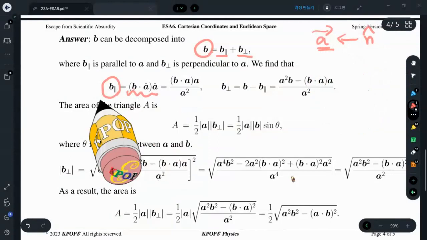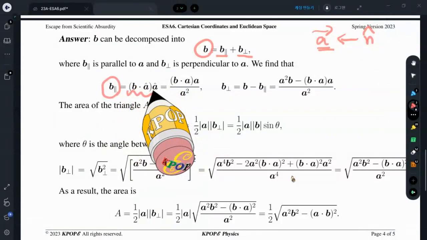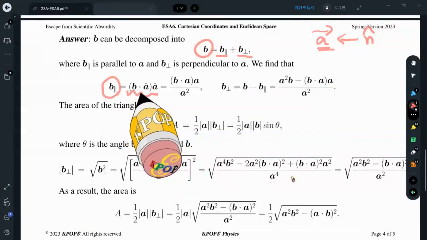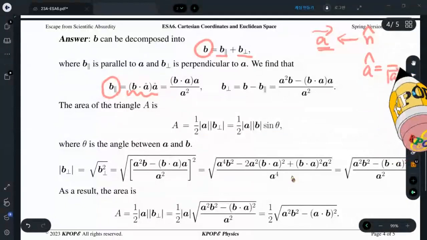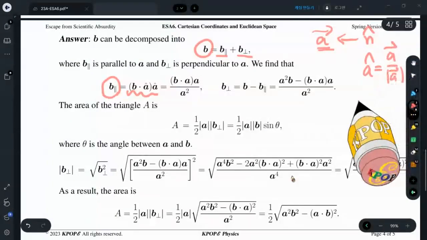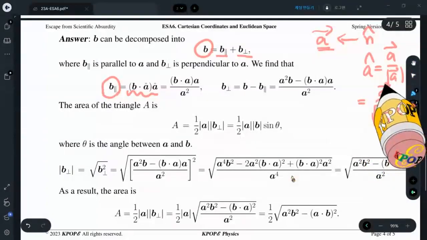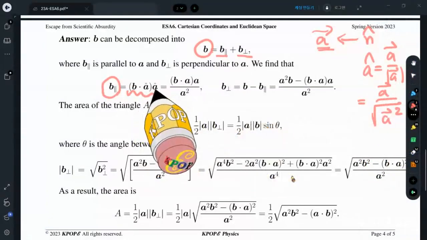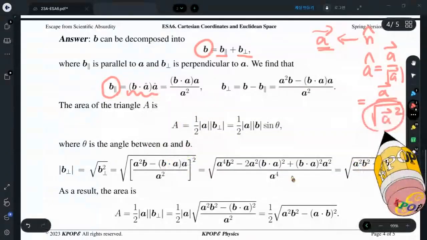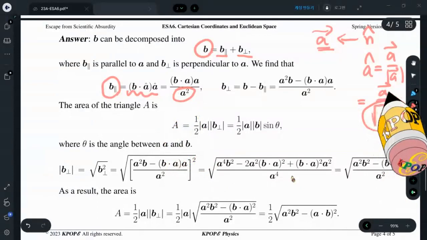This is trivial: just project onto the A direction. Because A hat is A divided by the magnitude of A, the square root of A squared, there are two hats, so we have two square roots giving a denominator A squared.